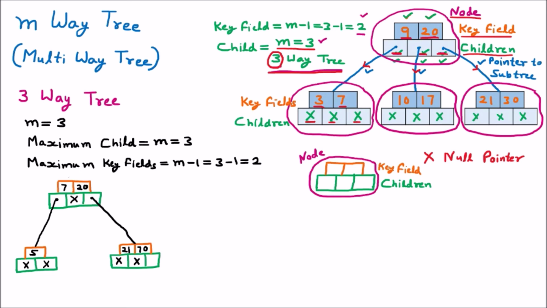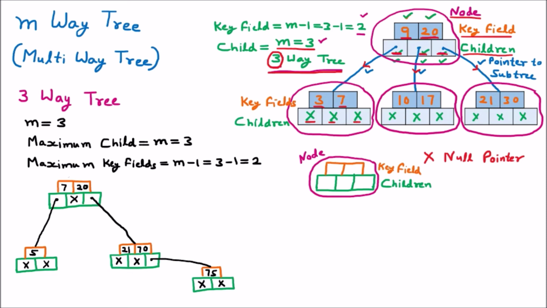Let us suppose that it has 2 children. So 2 blocks will be there for the 2 children. Now 2 children means 2 minus 1, so 1 key field will be there. Let us suppose that the value which we are taking is 75. Now this node is connected at the right hand side of 21 and 70, and afterward we have the null values. So null means there is no further child.